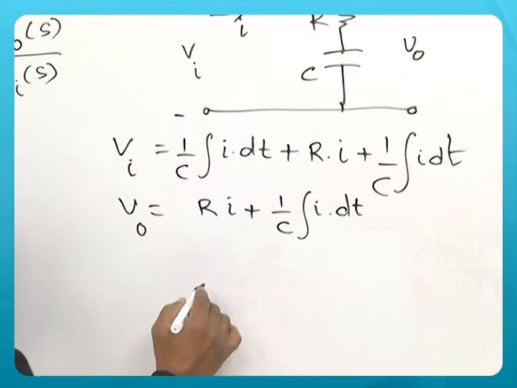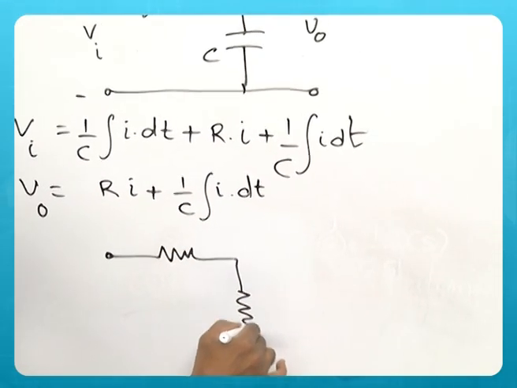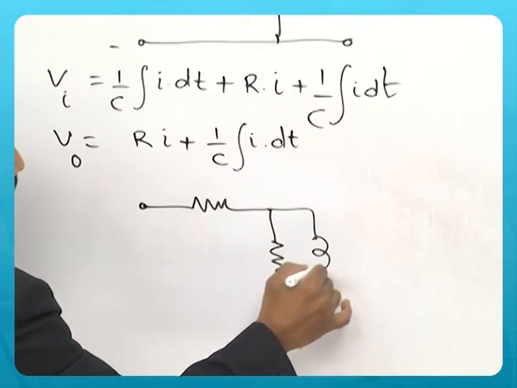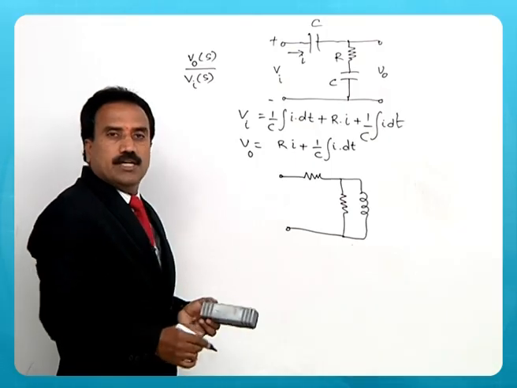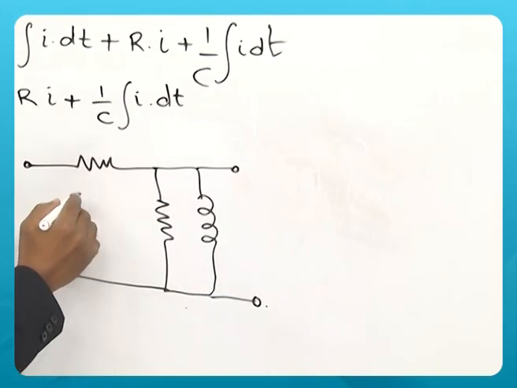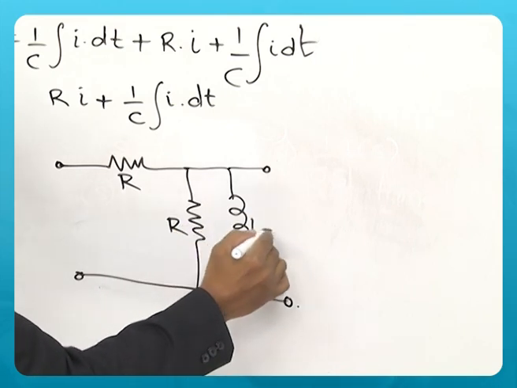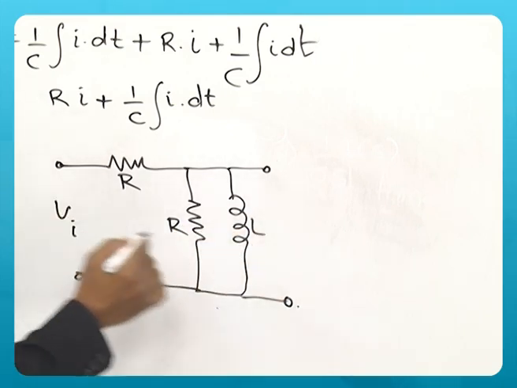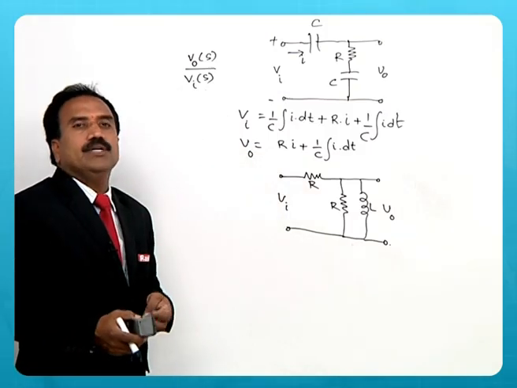If you see another problem, there is a resistance and there is an inductor. No capacitor here, but there is an inductor. Say this is R, this is also R, this is L, and Vi and V naught. What will you do here?